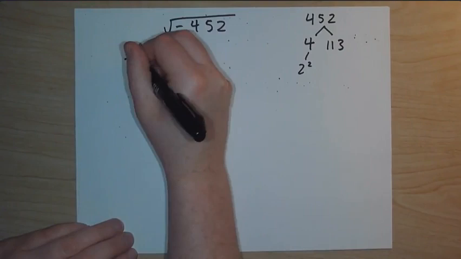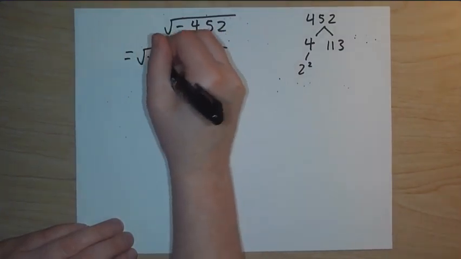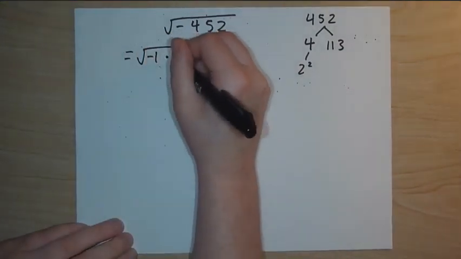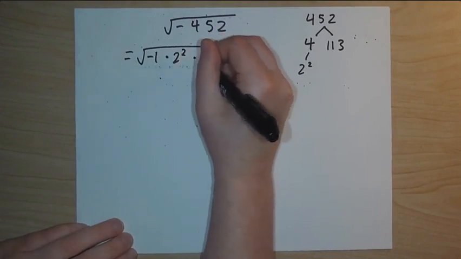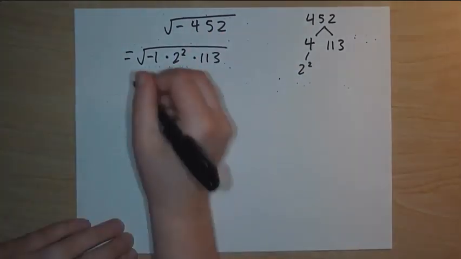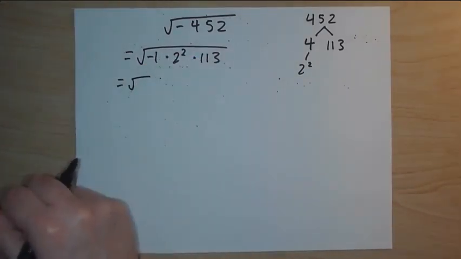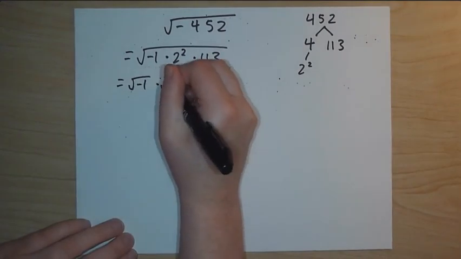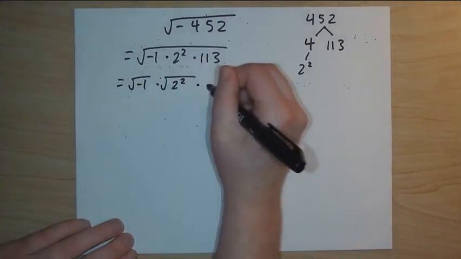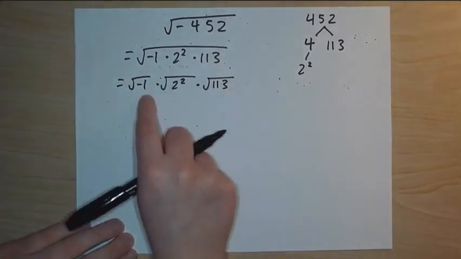We're going to rewrite this square root as negative 1 times 2 squared times 113, like that. We can split up this square root because everything inside is being multiplied, as the square root of negative 1 times the square root of 2 squared times the square root of 113.